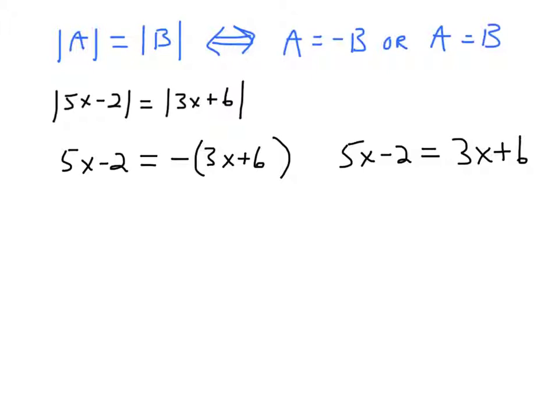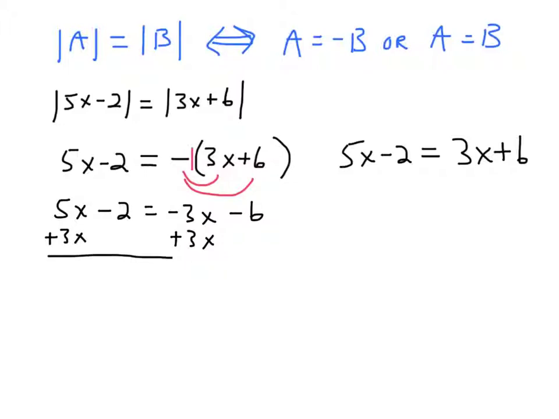Now, again, the tricky part here is remembering the negative with the parentheses, because that will distribute through there. It's like multiplying both of them by -1, which would give you 5x minus 2 equals -3x minus 6. And then you have to solve for x, so add 3x to both sides.